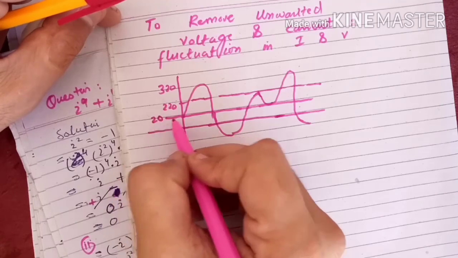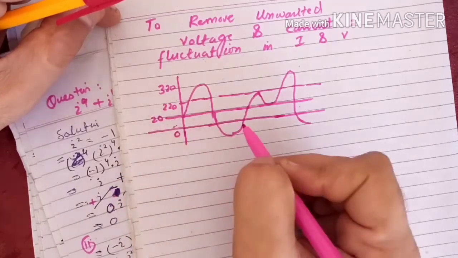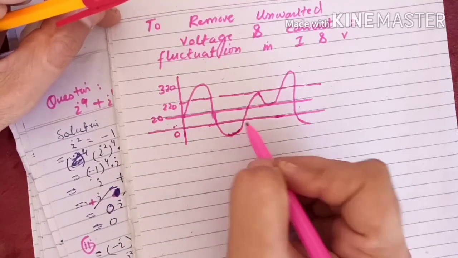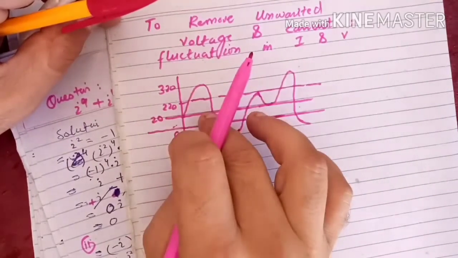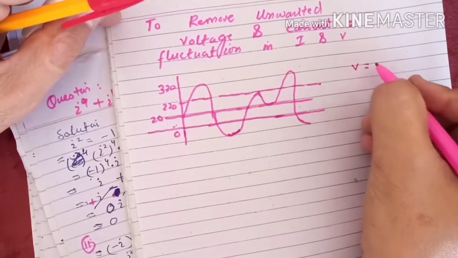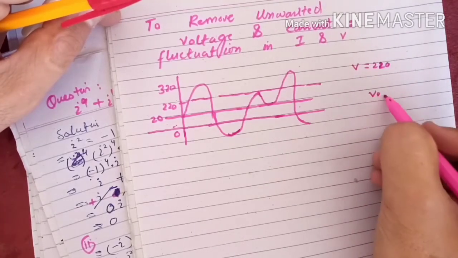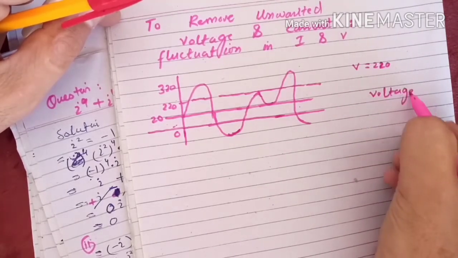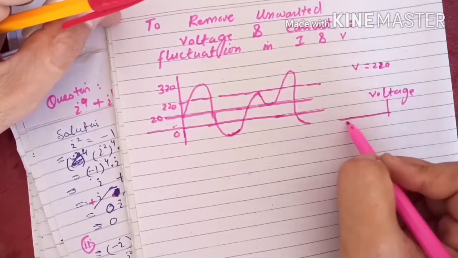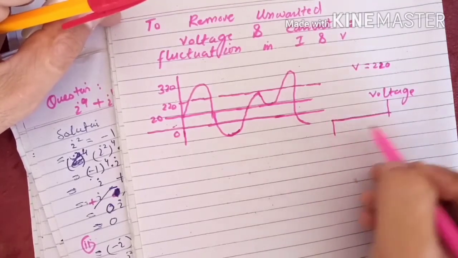You can check that if this is less than 220, it will turn off the circuit. That is only the imaginary sketch we draw, for a single-phase supply, and the same applies to a three-phase supply.